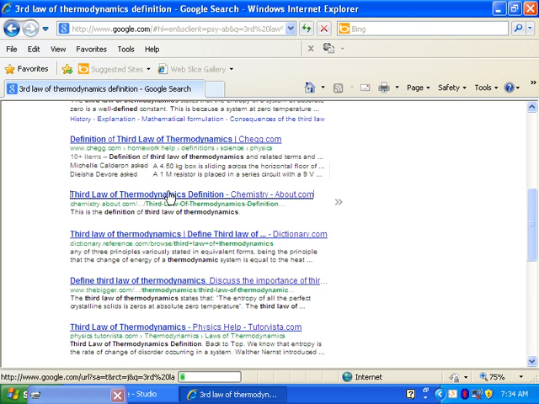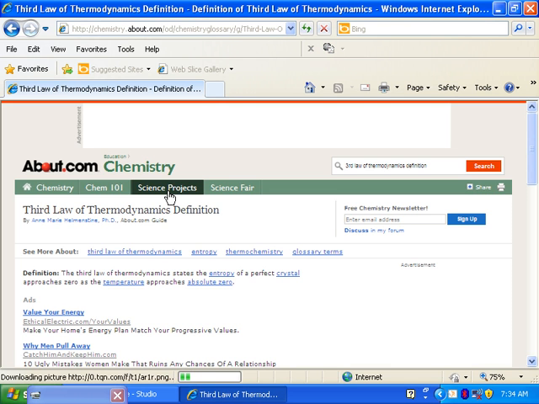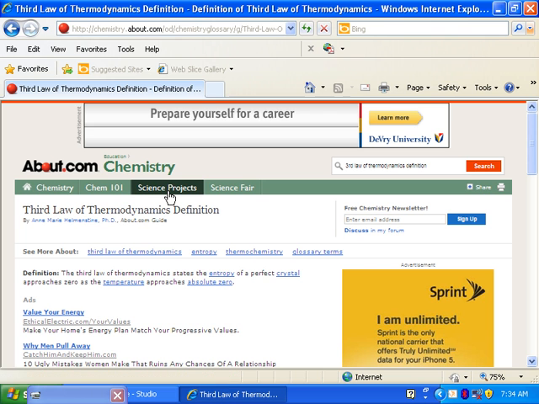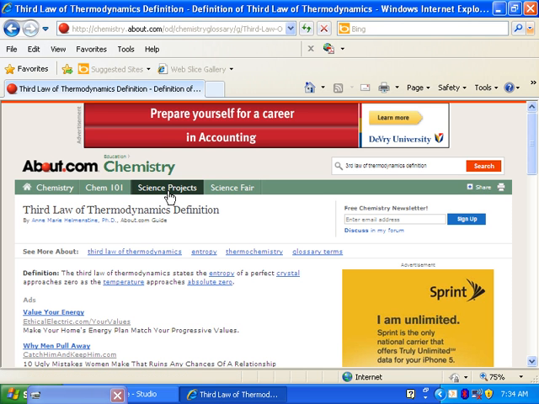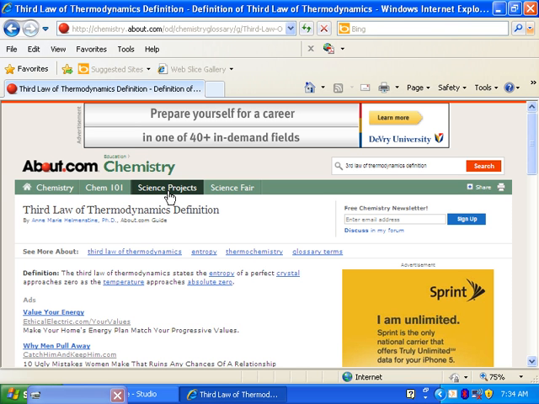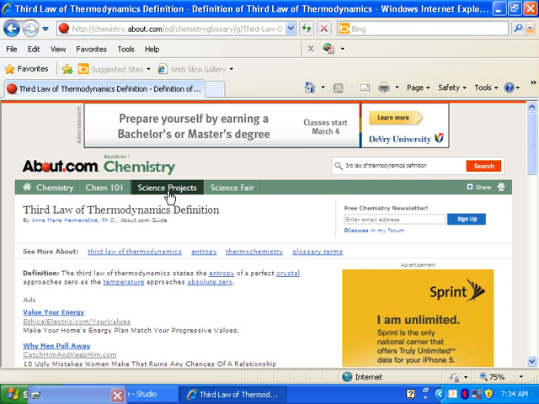Basically, it says that we can never, no matter what we try, be able to get to exactly absolute zero. So the definition is: the third law of thermodynamics states that the entropy of a perfect crystal approaches zero as the temperature approaches absolute zero. So first of all, we can never eliminate entropy.